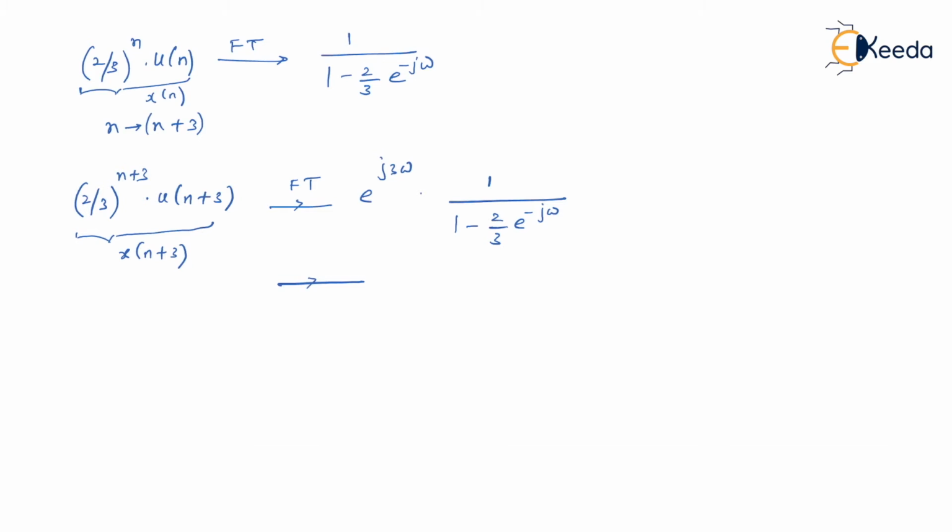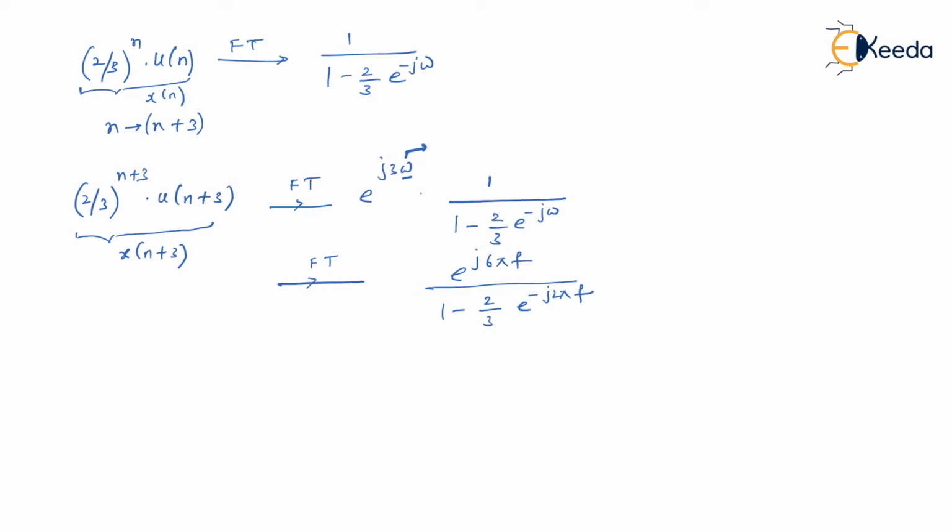So I can rewrite its Fourier transform like this: omega is replaced with 2 pi f. So the numerator will become e to the power j 6 pi f, divided by 1 minus 2 by 3 e to the power minus j 2 pi f.